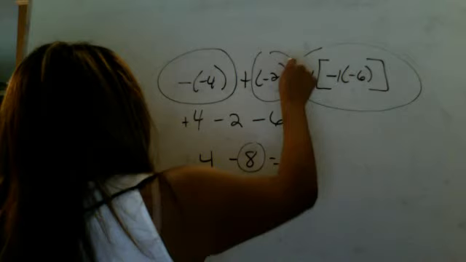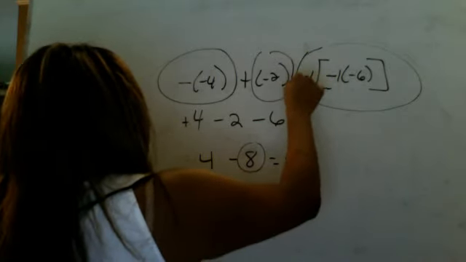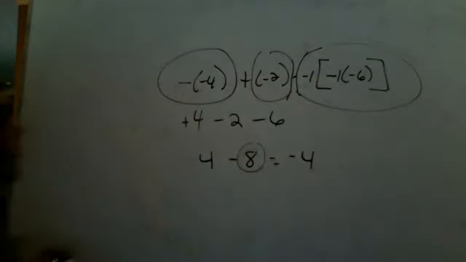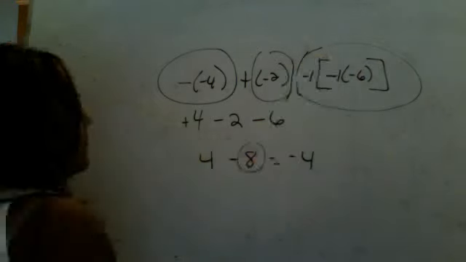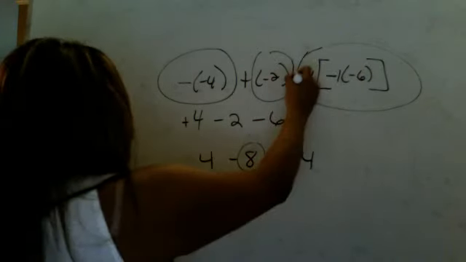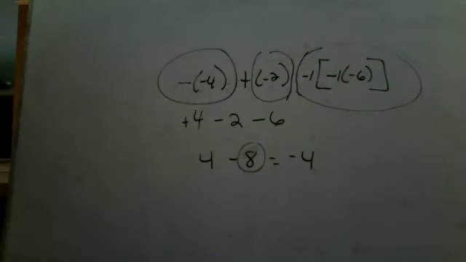For instance, right here, you can't forget about the sign. There's this negative there. Then you've got 1, 2, 3 negatives. An odd number of negatives multiplied by each other gives you a negative. And that's it. Thank you.